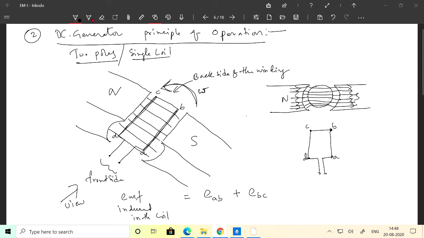AB, BC plus CD plus DA. But we know that due to this rotation, the flux linkages by sides BC as well as DA are zero. BC and DA EMFs are zero. Are you following? Please text me.